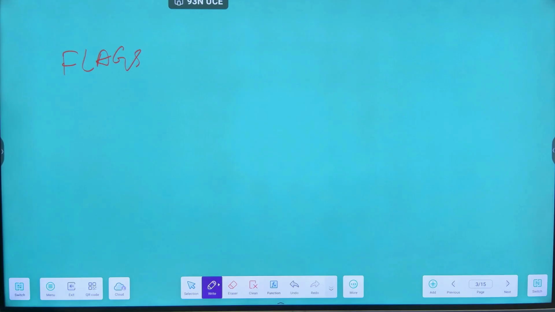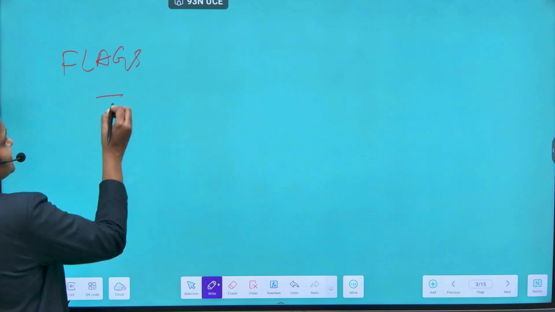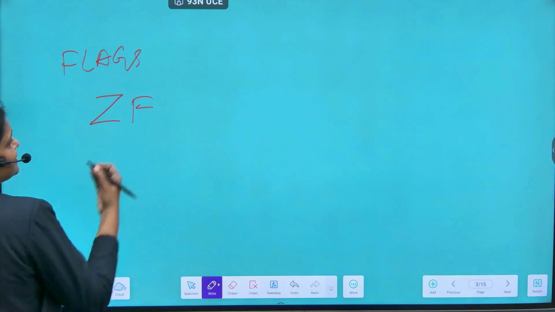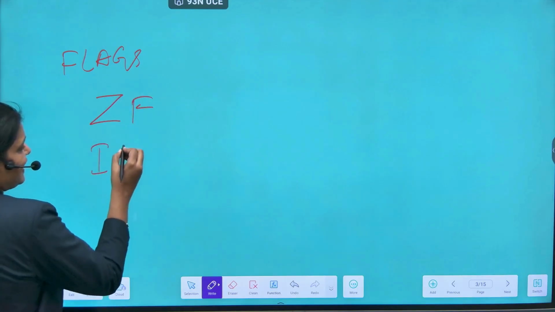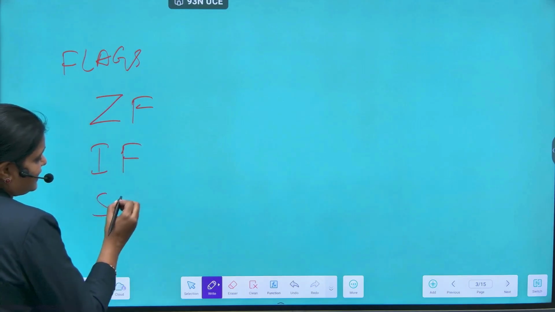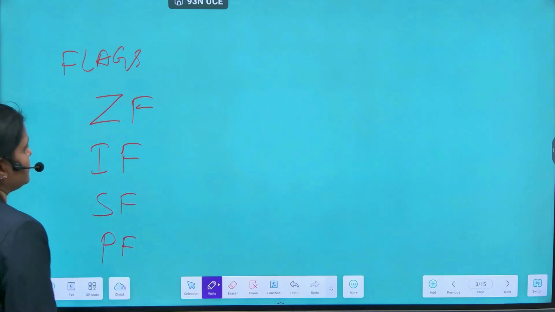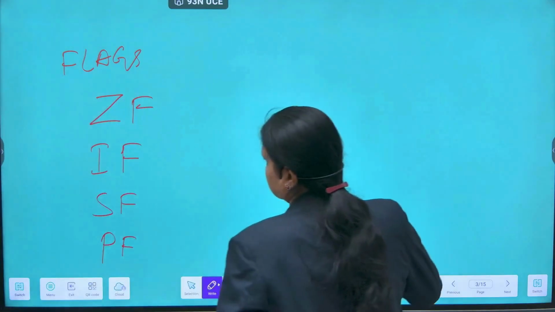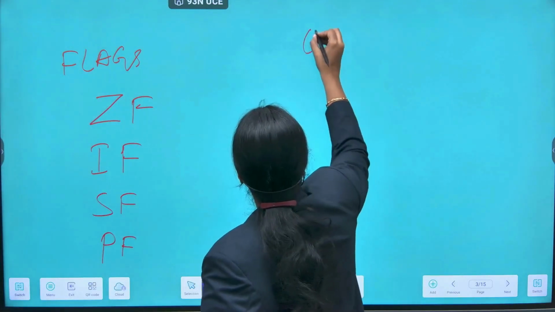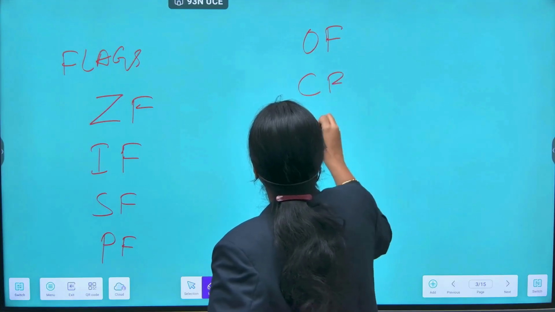By looking at flag registers, we can say what the output of the ALU operation is. So we have something called the zero flag, interrupt flag, sign flag, parity flag, overflow flag, carry flag, auxiliary flag.